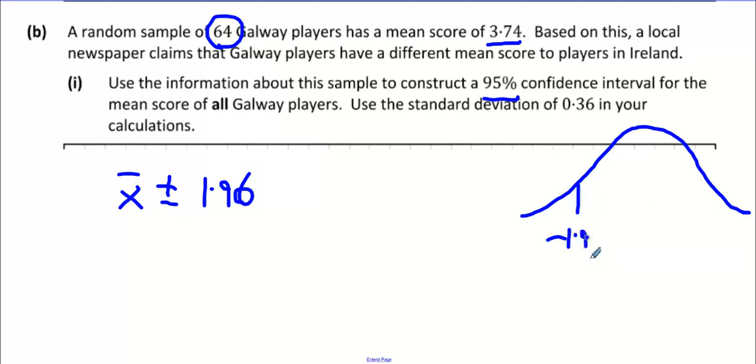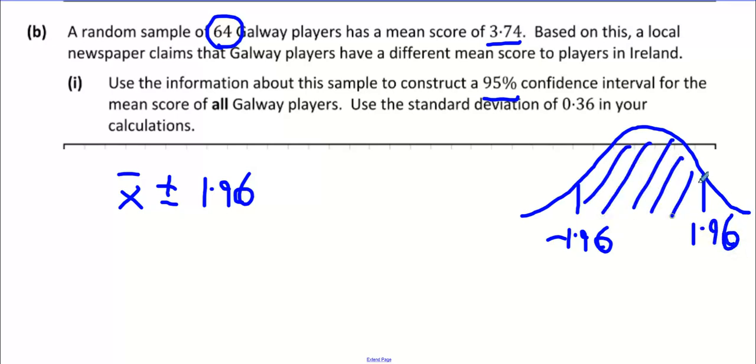Because in z-score terms, scores between 1.96 and minus 1.96 contain 95% of the population. Now, what's the standard deviation or standard error we're going to use? It's no longer the standard deviation, because you have 64 players, so it's going to be over the square root of 64, or root n.